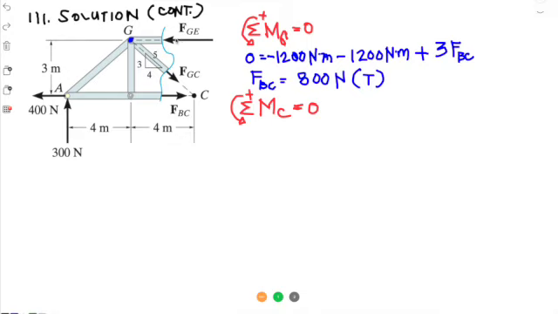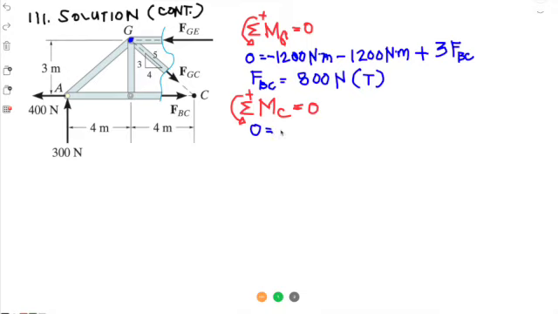So we can say that the assumption for the direction of FGE is realistic and correct. So summation moments here, that would be 0 equals, the first one would be the anticlockwise moments.